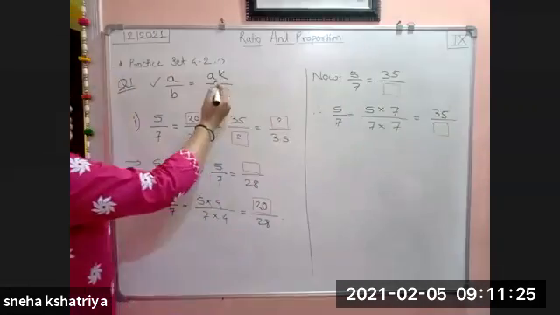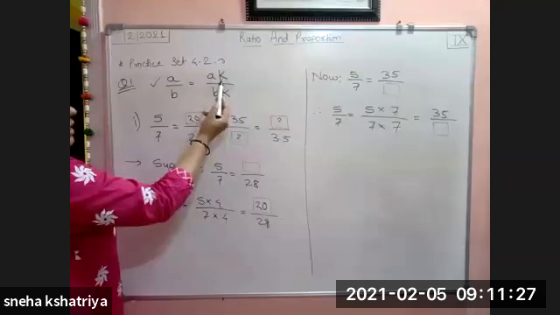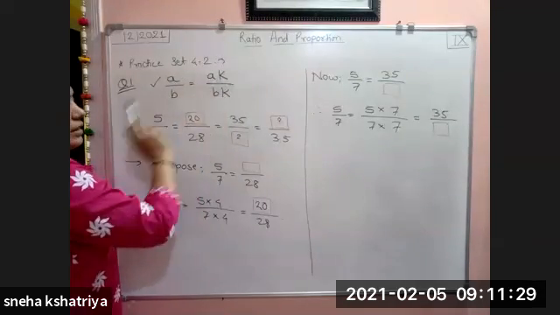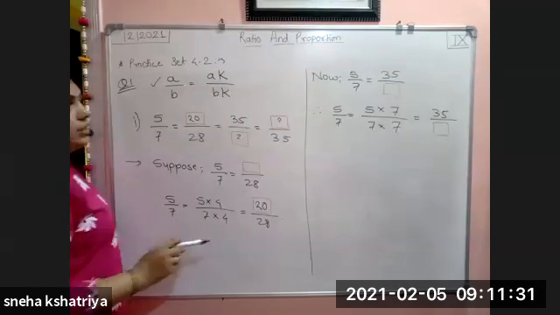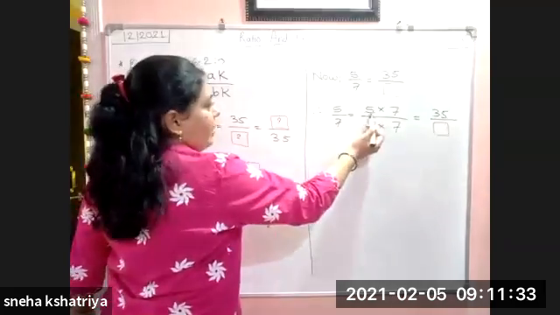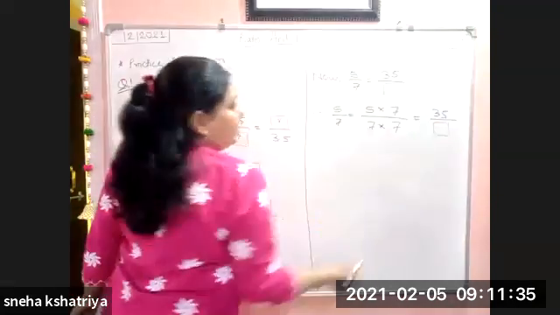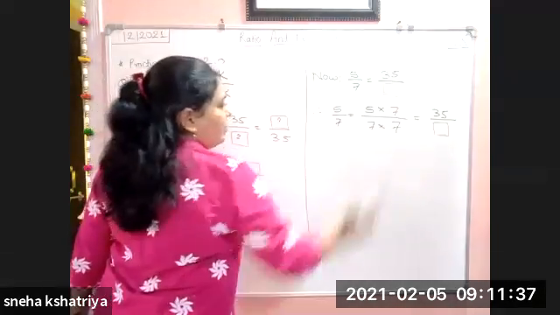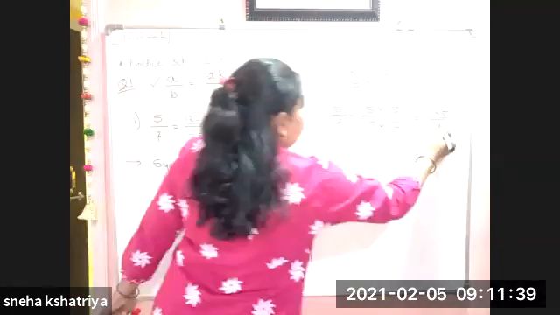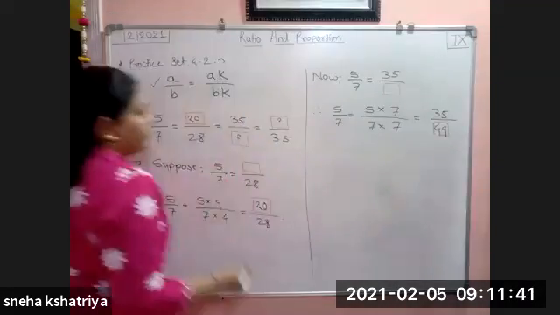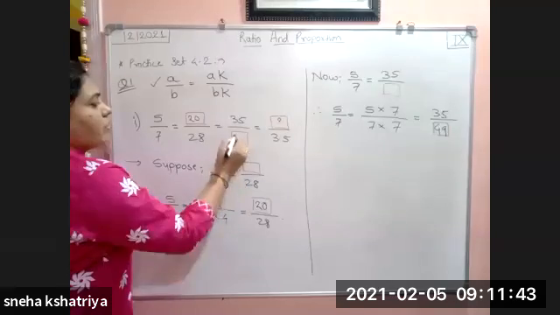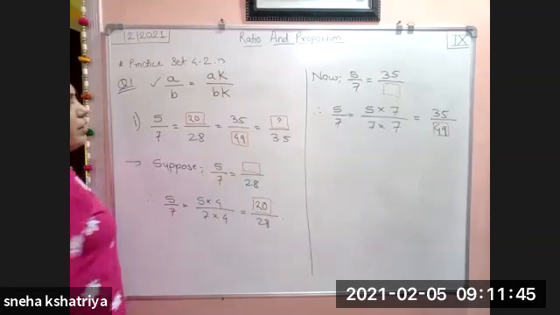Right? We are using this property, AK upon BK. Whatever we are multiplying at the numerator, that only you have to multiply at the denominator. If you are multiplying 5 by 7 to get 35, then 7 also you have to multiply by 7. So 7 7s are, simply we get 49. So in this box, your value is 49.